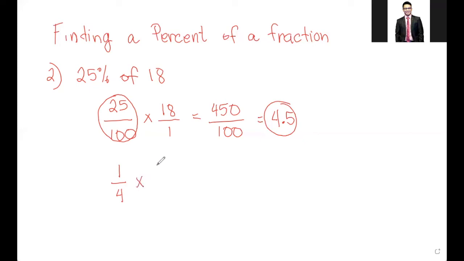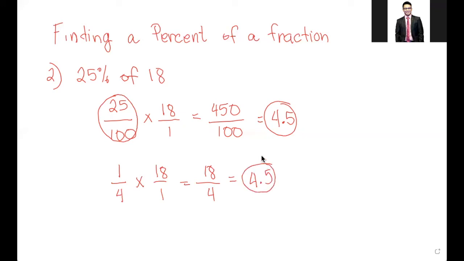So that will give us 1 times 18 is 18, and 4 times 1 is 4. So when we divide 18 by 4, we will still get the answer 4.5.